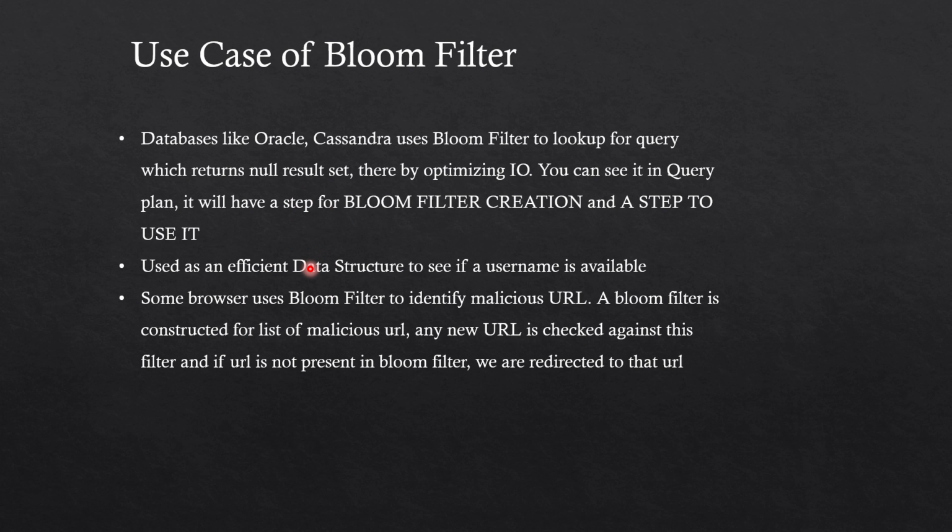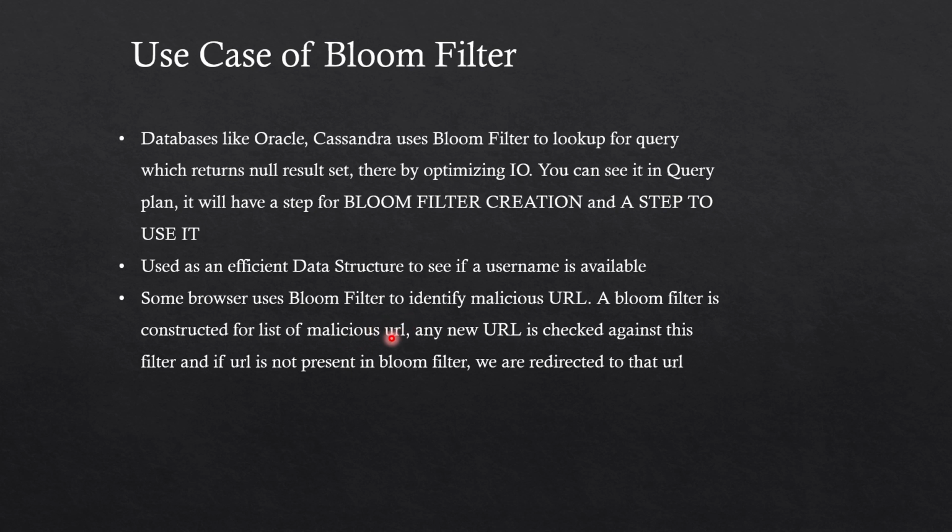Next, in most cases the browser uses a Bloom filter to identify malicious URLs. What happens is, as part of your browser setup, it will store the Bloom filter, and it will also store the hash function that was used to identify a malicious URL.